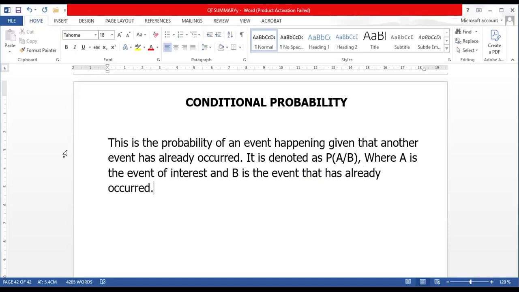Something that you need to know here: A is what you're interested in, then B is the event that has already occurred. That is conditional probability, just in simple terms.